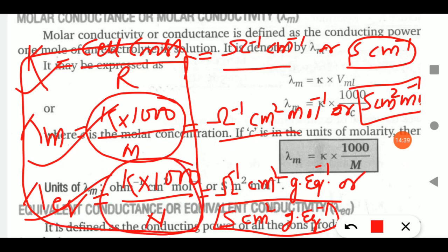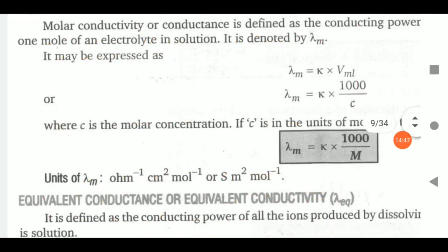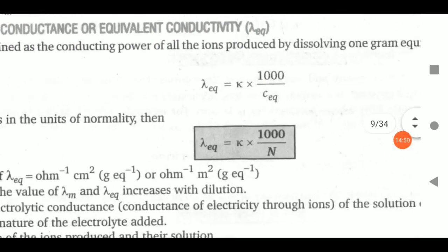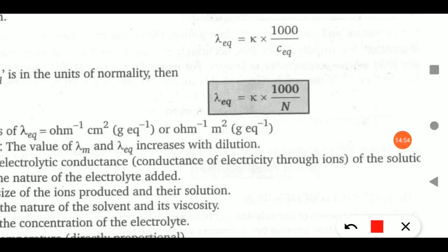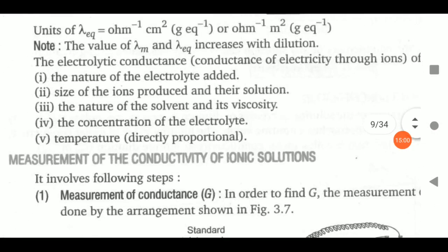Equivalent conductance is the conductance of 1 gram equivalent of a solute or electrolyte present in V centimeter cube of the solution. Here is its formula and here is the unit: ohm inverse centimeter square gram equivalent inverse, or Siemens centimeter square gram equivalent inverse.